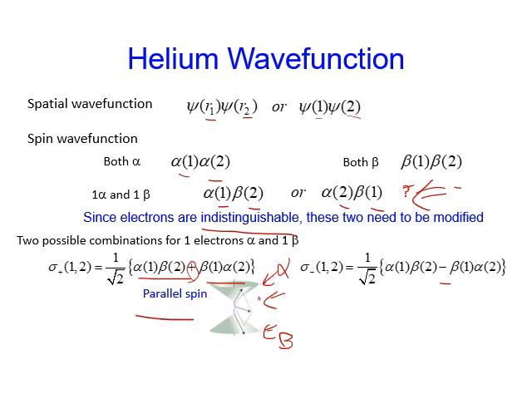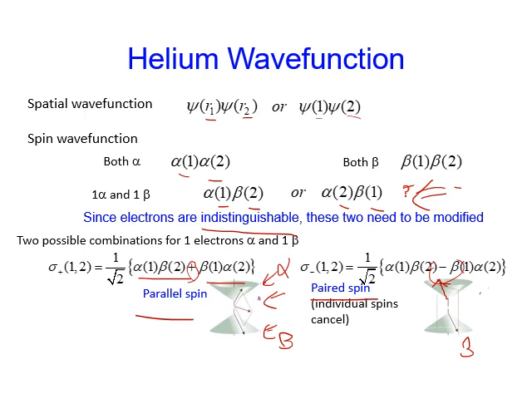They are parallel spin. The other one you can represent like this: two cones. One is in the beta state, one is in the alpha state, always in the opposite direction. They cancel each other, so it is a paired spin.